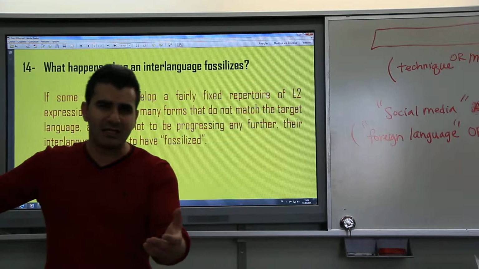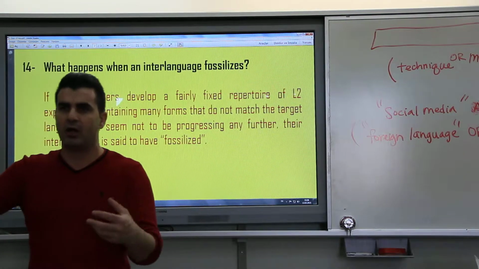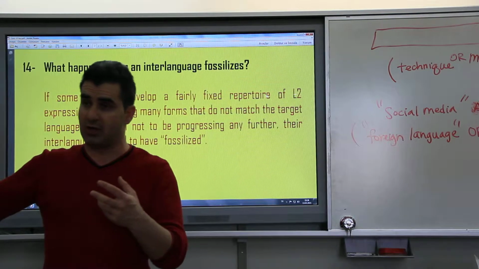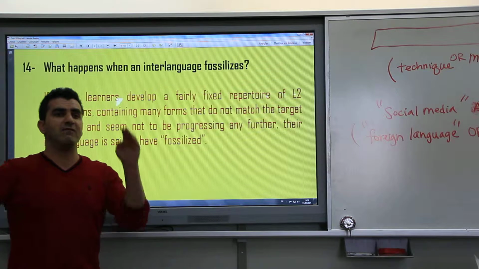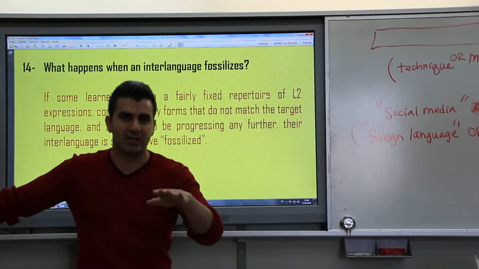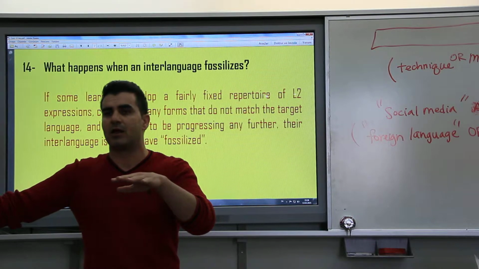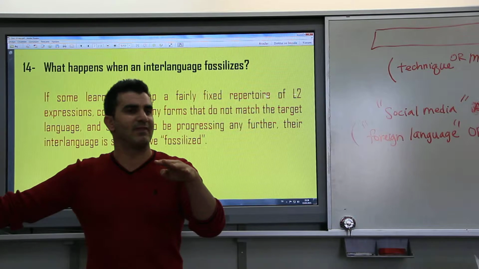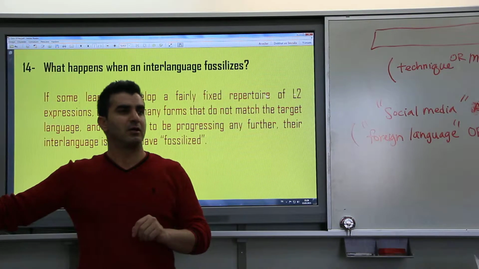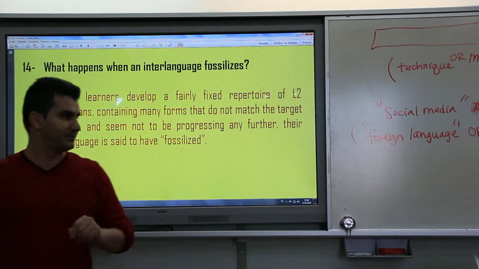Okay, remember about the interlanguage? Your interlanguage is the language that you use while learning a second language. So, if you make the same mistakes all the time, over and over again, and you don't show any progress in that language, that means your mistakes are fossilized.